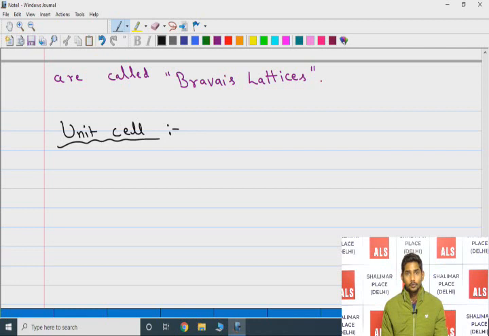I hope it is clear to everyone that unit cell is the smallest repeating unit from which we can build the crystal lattice. So let's first of all write the statement of the unit cell. You have to copy with me.